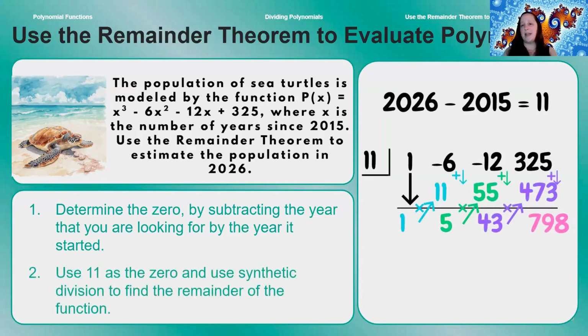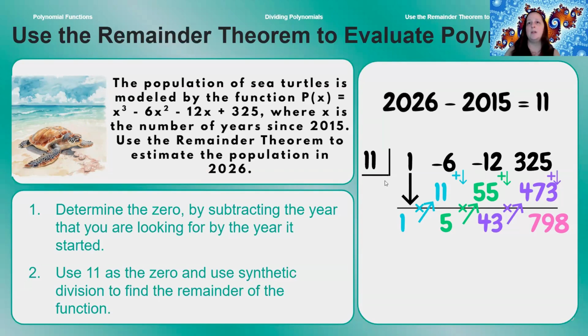I use that 11, that 0, in order to divide my function x cubed minus 6x squared minus 12x plus 325. Okay, I set it up as synthetic division. You can, of course, use long division. Either way will work. It'll get you the same answer. Using synthetic division, I'm going to pull those coefficients: 1, -6, -12, and 325.